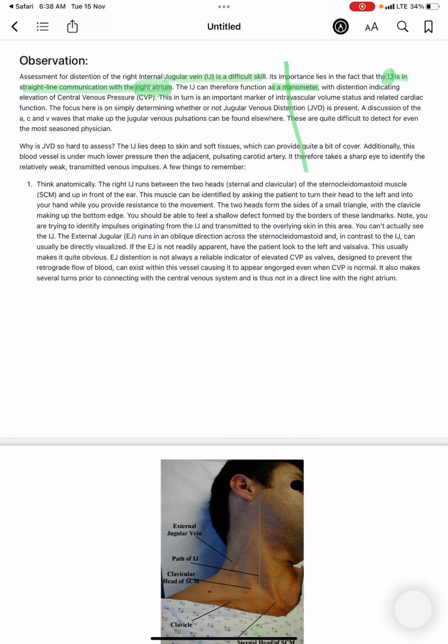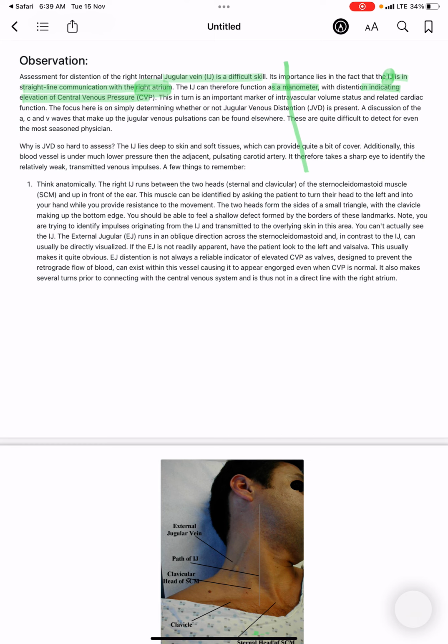So this internal jugular vein functions as a manometer, with distension indicating elevation of central venous pressure. If this IJV is distended, it indicates an elevation of the central venous pressure. This in turn is an important marker of intravascular volume status and related cardiac function.